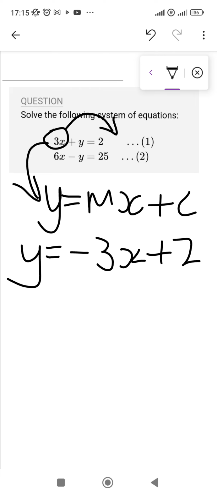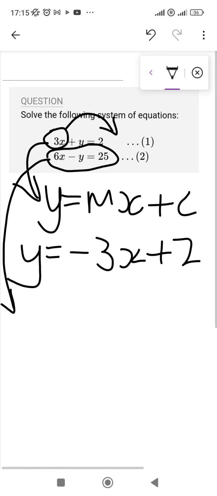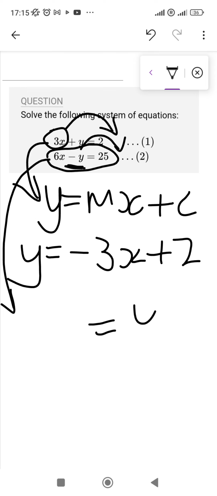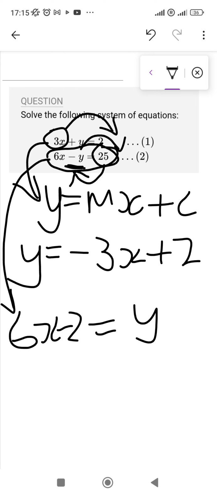The second one, let's take the second one over here, and we're going to manipulate that one also to look in the form y equals mx plus c. This negative y over here, let's take that over to the other side, so that is going to become a positive y on the right hand side. On the left hand side we have that 6x, and let's bring this 25 over to our left hand side, so that's going to become minus 25.